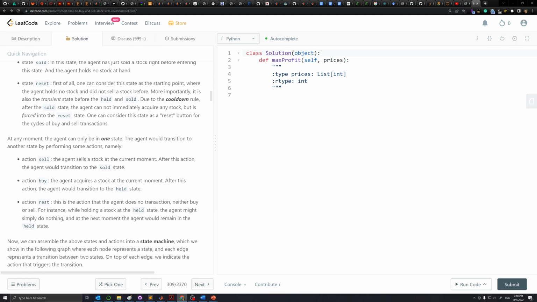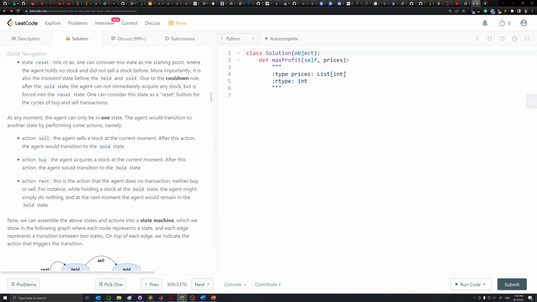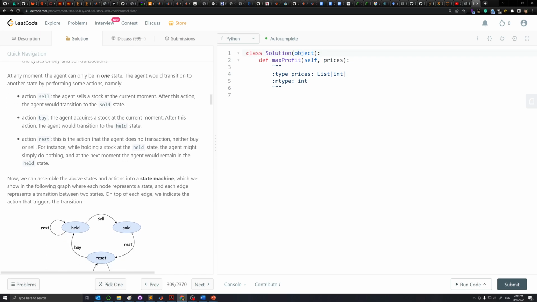At any moment, the agent can only be in one state. The agent would transition into another state by performing some actions, namely action sell: the agent sells a stock at the current moment, or action buy, right? You can sell, you can buy, or you can rest or take no action at all.